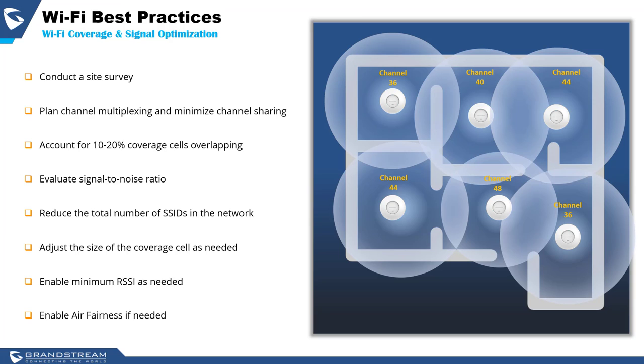The other option that you can enable if needed is air fairness. The default behavior of the access point is that they're going to allow each client to send a specific amount of data. When you have a client that is really slow and a client that has a high speed rate, both of them are going to be competing over the same medium.